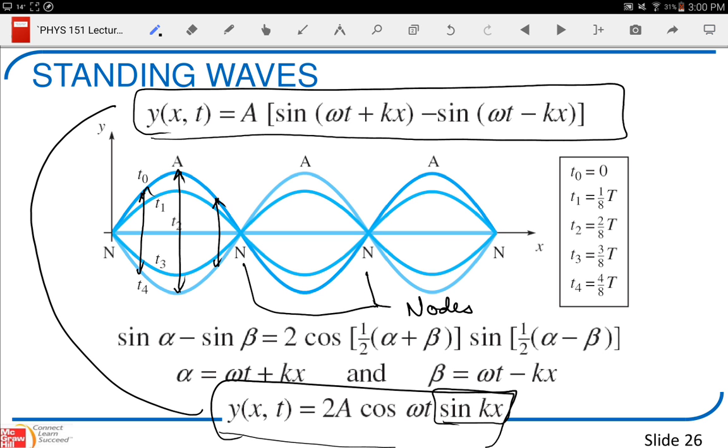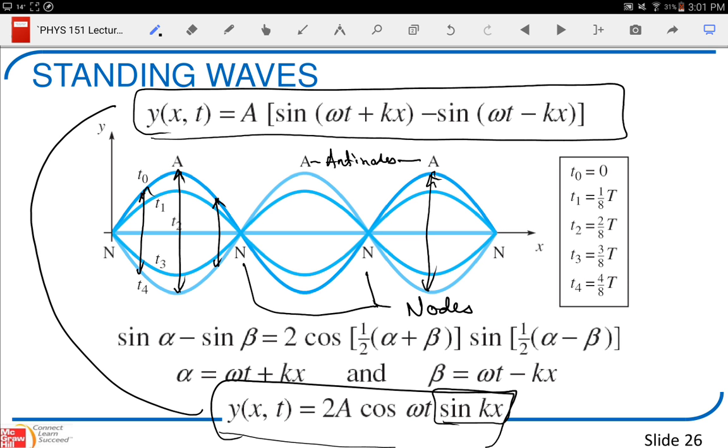are places where there's no motion at all, where the string is completely flat. And then we have the places where we have the maximum change, and those we call antinodes. At the antinodes, it goes from a positive maximum down to a negative maximum, back up to a positive maximum.